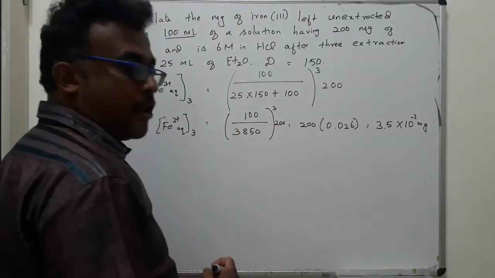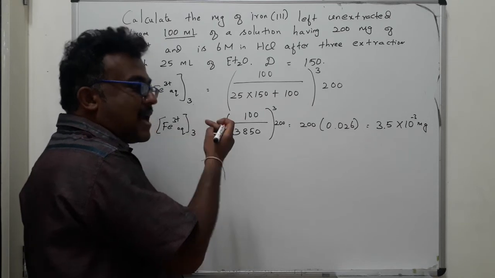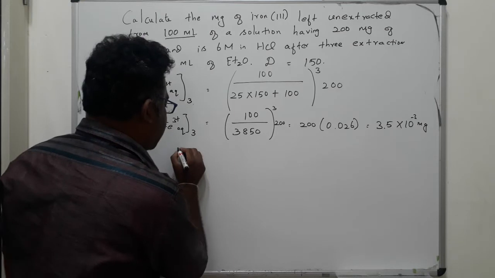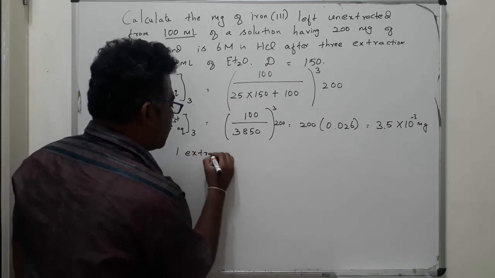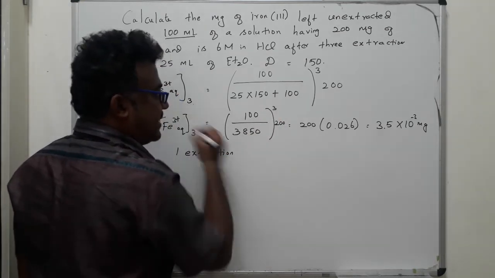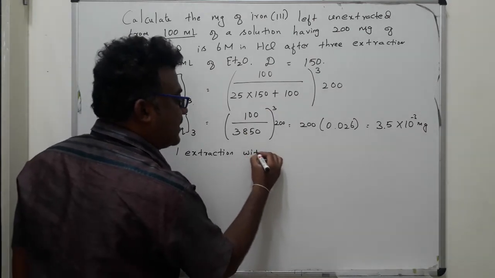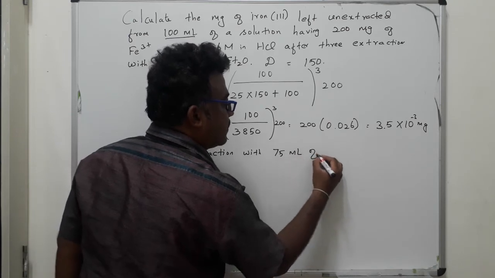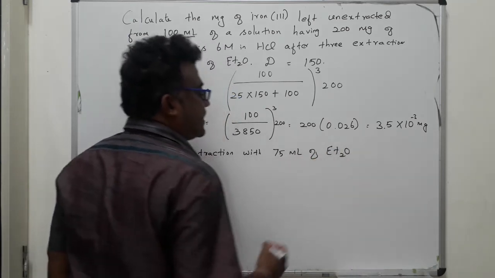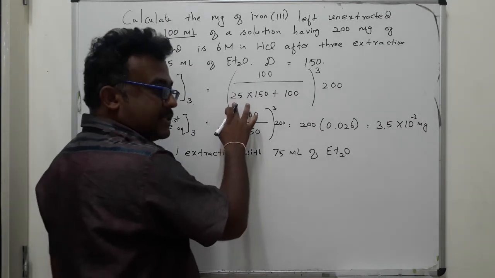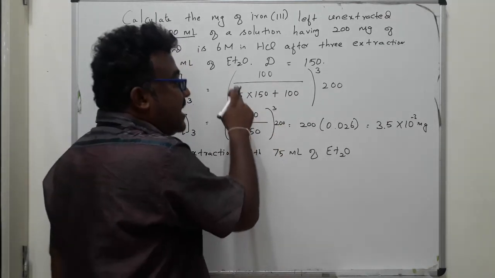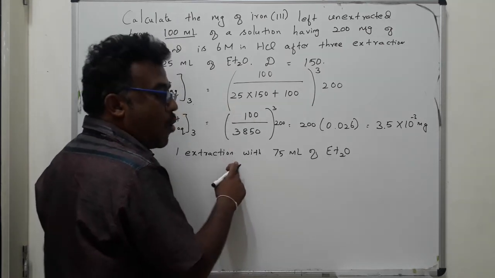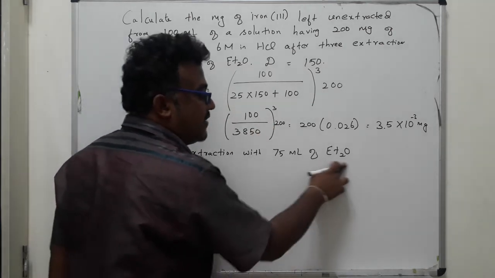So now, for example, if you have done only one extraction, I am going to use the same parameters, only one time extraction with 75 ml of diethyl ether. Please try to understand here: in the first case, 3 times extraction with each time 25 ml solvent. In the second case, only one time extraction with 75 ml of ether.